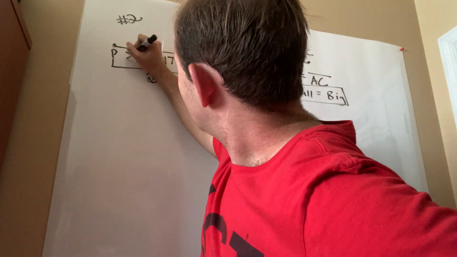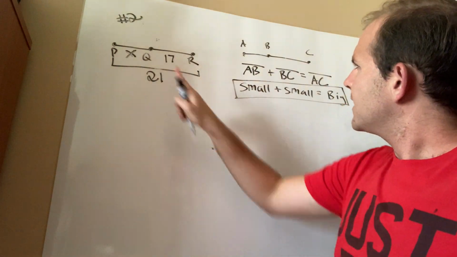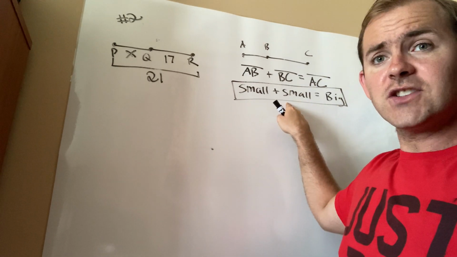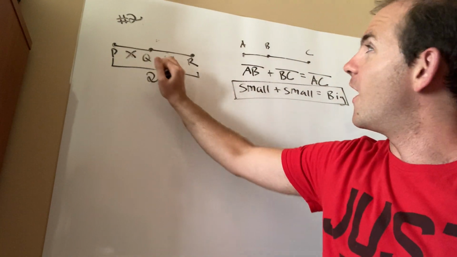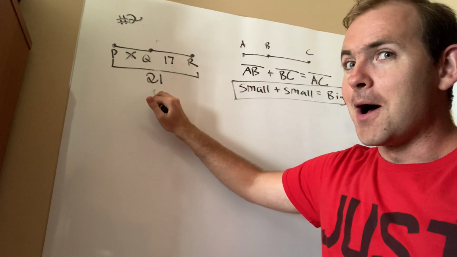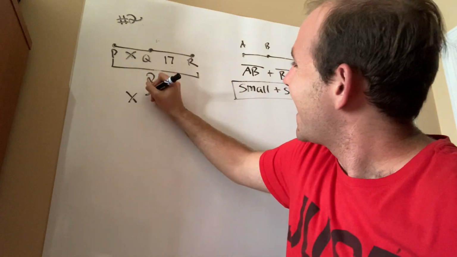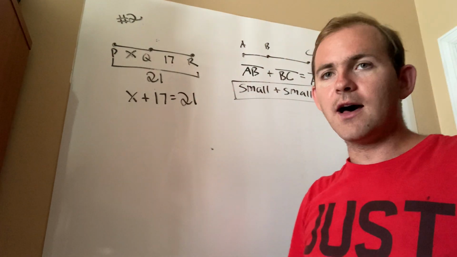Okay, so if I call this x right here, and I know that these two are both smalls, my equation tells me that if I take a small plus a small, I get a big. So take a look at this. X plus 17 equals 21.